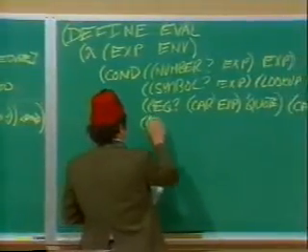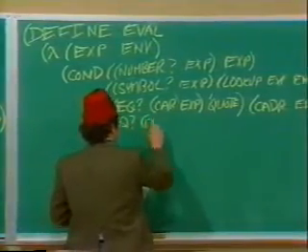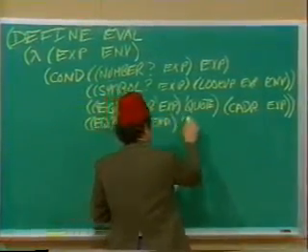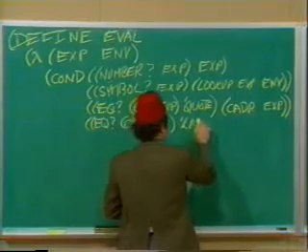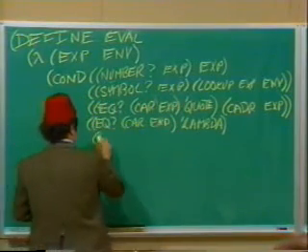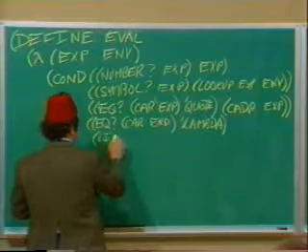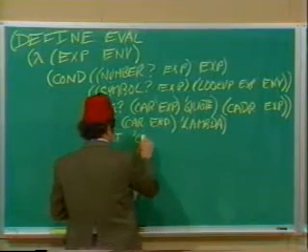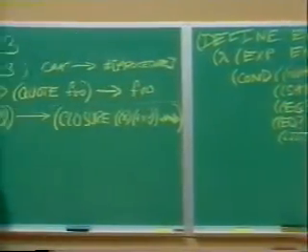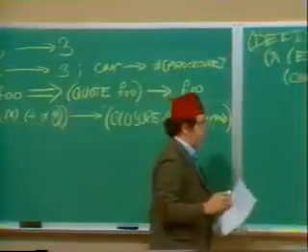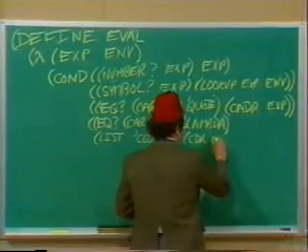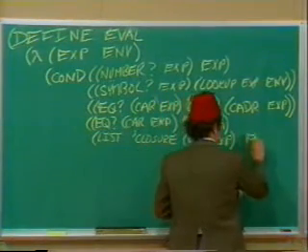So if the car of the expression is quote lambda, then what I'm going to put here is I'm going to make a list of closure, the cdr of the procedure description, which is everything except the lambda, and the current environment.